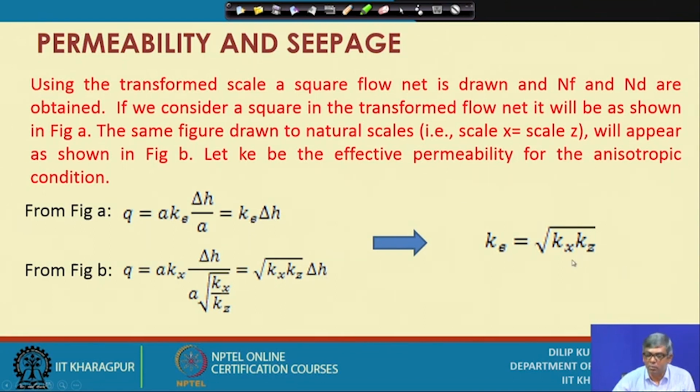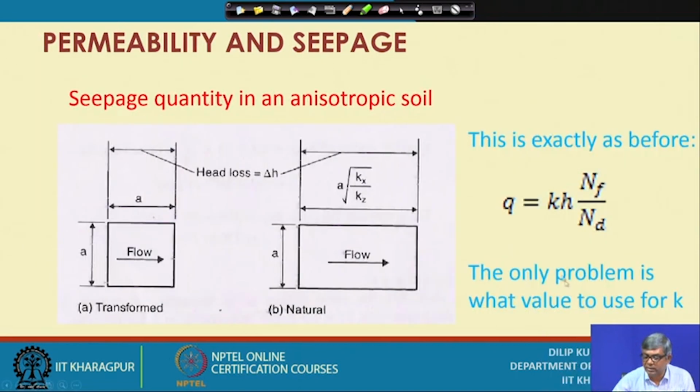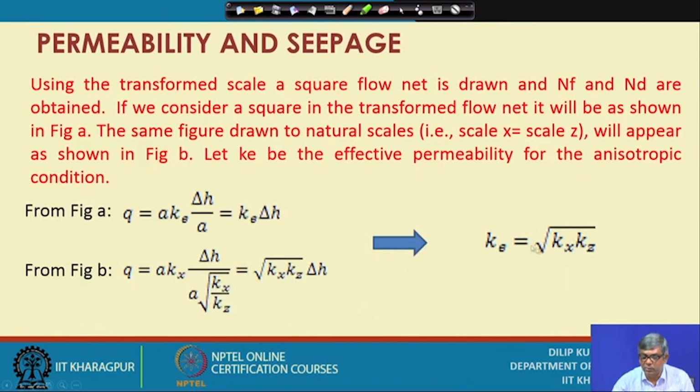So whatever equation I have shown previously will again be valid. When you transform the section, the same equation is valid, the only modification being that K is replaced by K E, which is equal to under root K x K z.